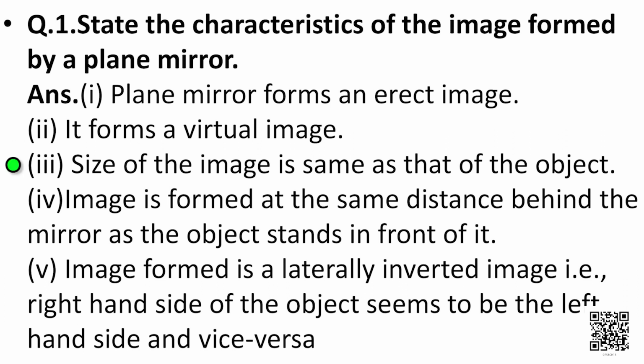Third, the size of the image is the same as that of the object. Fourth, the image is formed at the same distance behind the mirror as the object stands in front of it. Fifth, the image formed is a laterally inverted image, that is, the right hand side of the object seems to be the left hand side and vice versa.